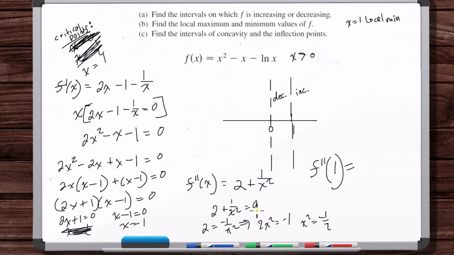We can use this point here. The critical point doesn't have anything to do with the second derivative. So we can plug this 1 in. You get 2 plus 1 is equal to 3. So it's just concave up. And there are no inflection points. There's no change in sign from concave up to concave down.